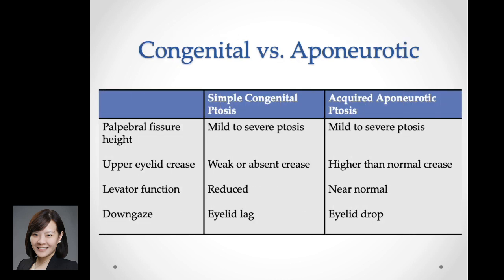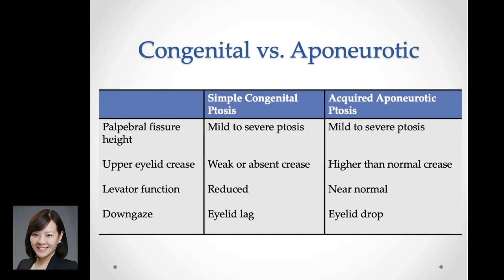Okay, so again, to give you a summary of the differences between a congenital and an aponeurotic ptosis: both can range from mild to severe ptosis, but in one that appears early at birth, you will hardly see an eyelid crease, and in one that is acquired in old age, you will notice a higher than normal lid crease.